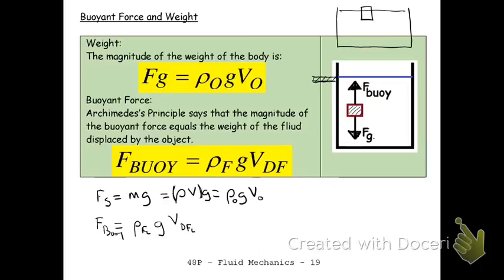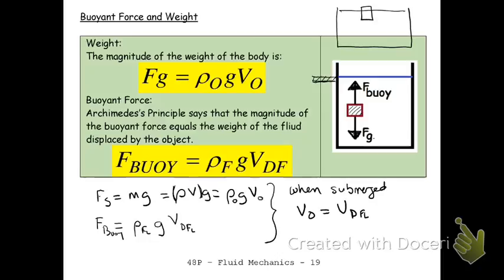And the interesting thing is when you are submerged, what can you tell me about the volume of the object and the volume of the displaced fluid? They're the same. V object equals V displaced fluid, because it's under the water.